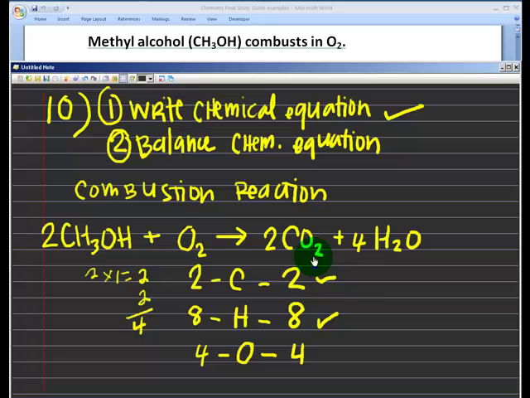I have 2 times 2, so I have 4 over here on carbon dioxide. But then look, I have 4 times 1 oxygen in water. I have 4 over here in water. That gives me 8. So now on my product side, I have 8 oxygens. How would you fix that? I know I permanently have 2 oxygens over here in methyl alcohol, so that leaves me with 6 more oxygens I need. So I can put a 3 in front of here to have 6.